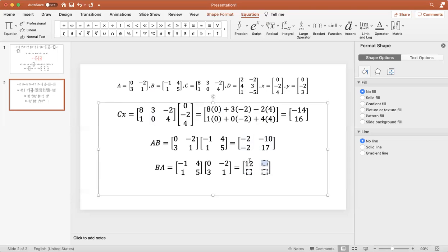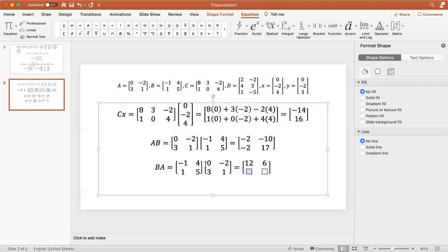Here, in the first element alone, you can see that AB is definitely not equal to BA because you have a different first element. So first row, second column: negative 1 times negative 2, 2, plus 4 times 1, 4, so you have 6.